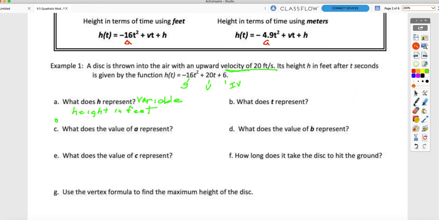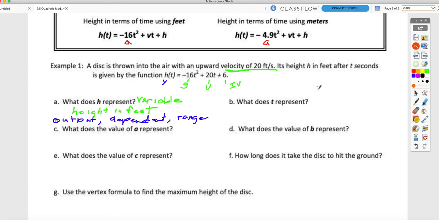If it's out here, it's the same thing as y. So it's the output. It is dependent on x, which is the input. And it is the range.